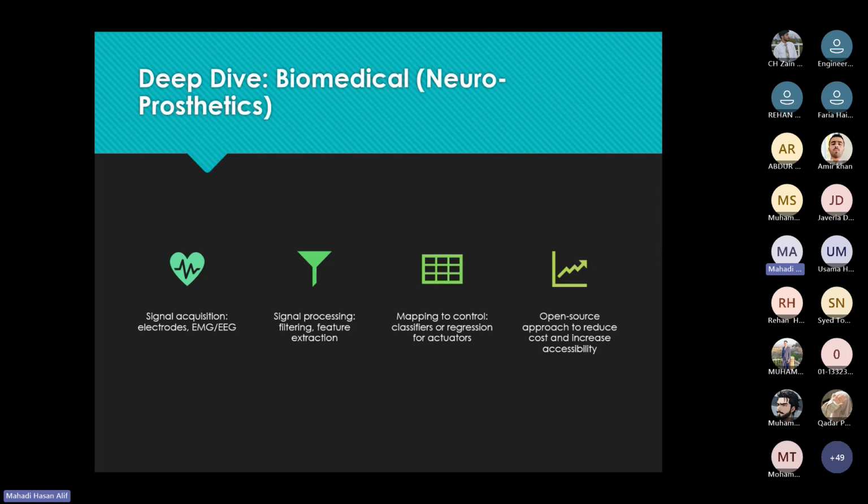Here we are using electrodes, EMG or EEG, depending on what kind of signal we want to take. For example, EMG is electromyography, so if we need data of the muscle signals, we use an EMG sensor. And if we need brain signals, we use an EEG sensor. Also, electrodes do another kind of thing.